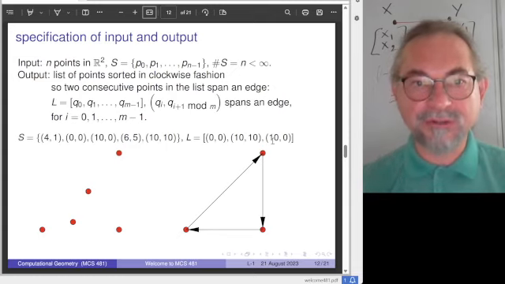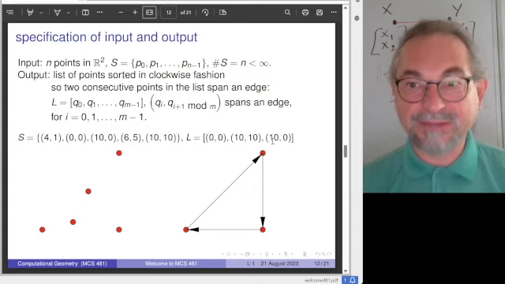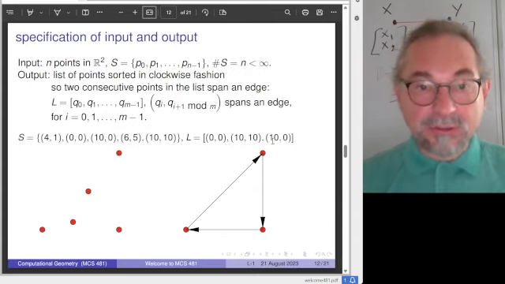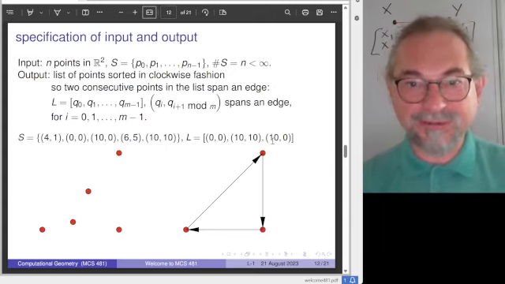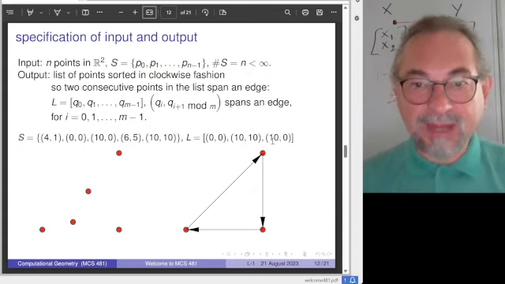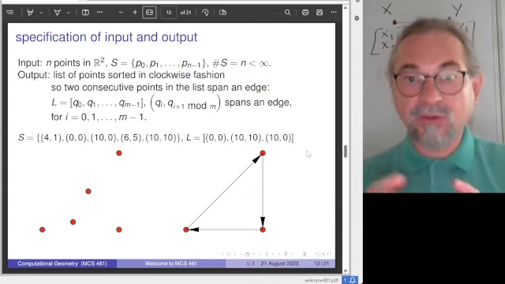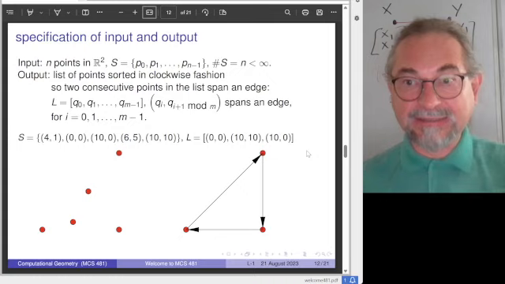So writing a good input-output specification is very important as programmers as well. You can also look at the example that is here. So we have on input a set of points, a set of coordinates. For the Python programmers, they are tuples. And we have on output an ordered list of points.